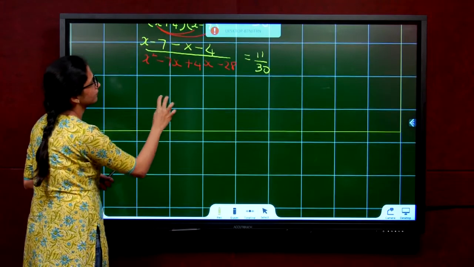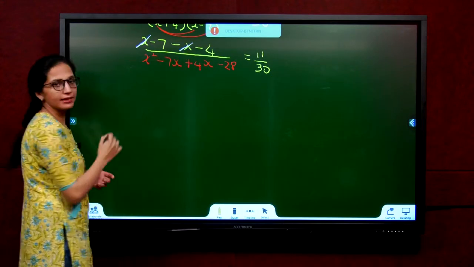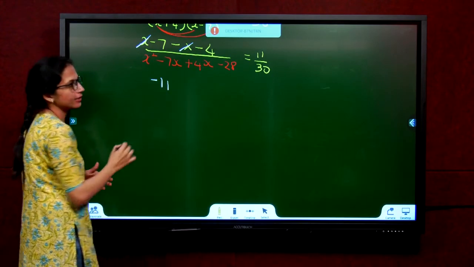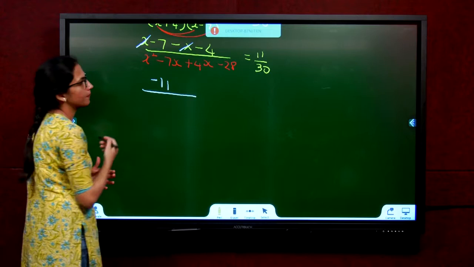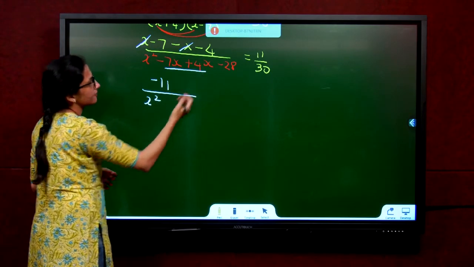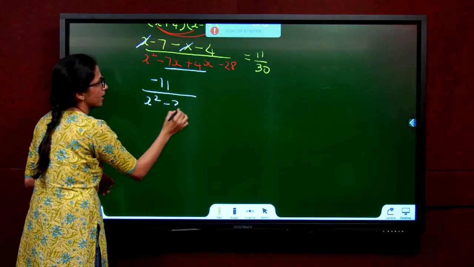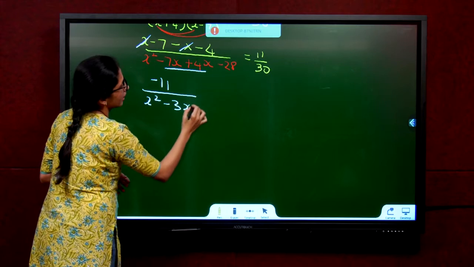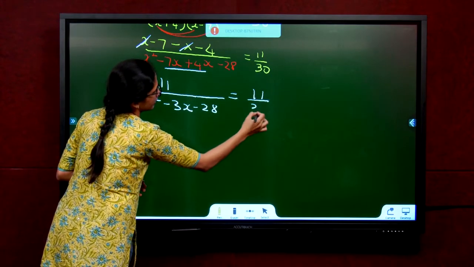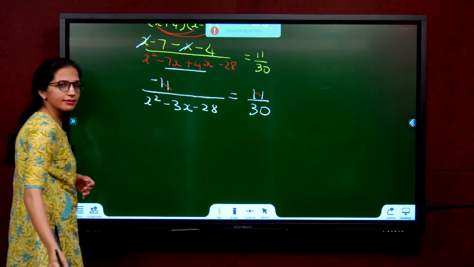Continue solving further. As you can see, x and minus x cancel. Minus 7 minus 4, minus 11, divided by x square, minus 7x plus 4x, minus 3x, minus 28 is equal to 11 by 30. 11 and 11 cancel.